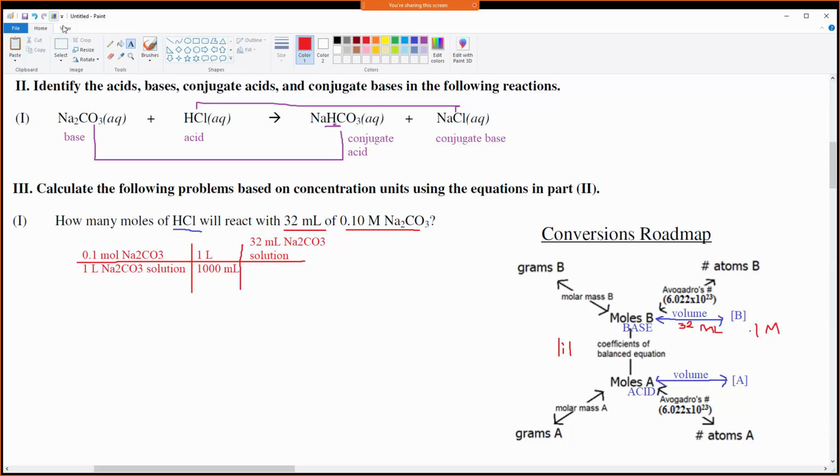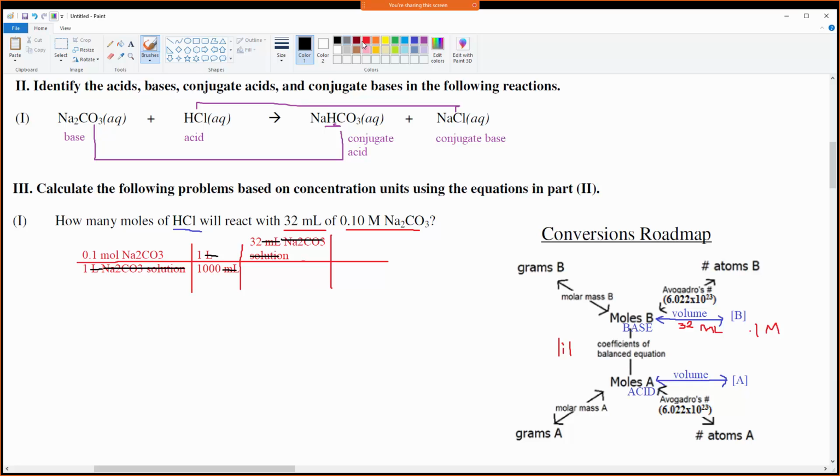Okay. So far, so good. We can cancel out liters, and we can cancel out milliliters. We can cancel out Na2CO3 solution. Okay, so now we have the number of moles of Na2CO3, which this tells me if I use the volume, I should be able to get there.